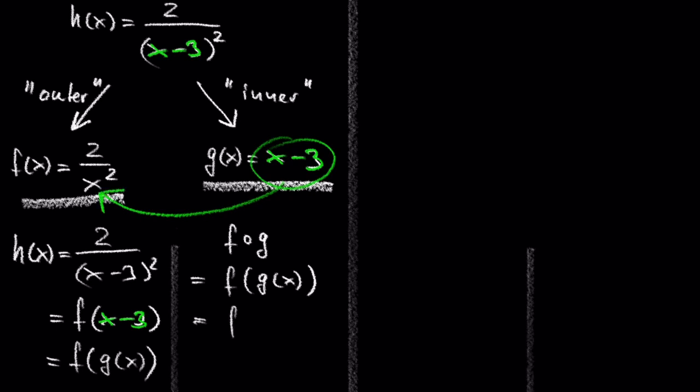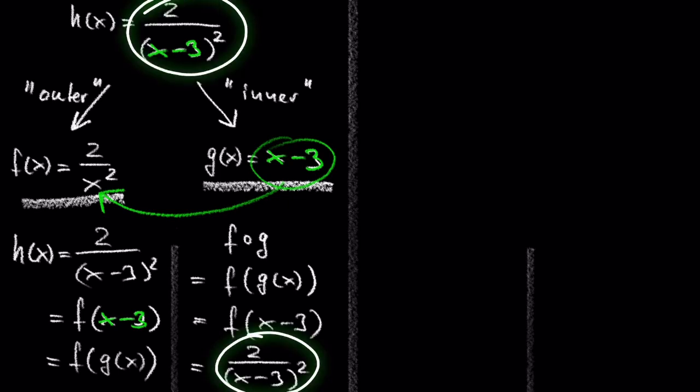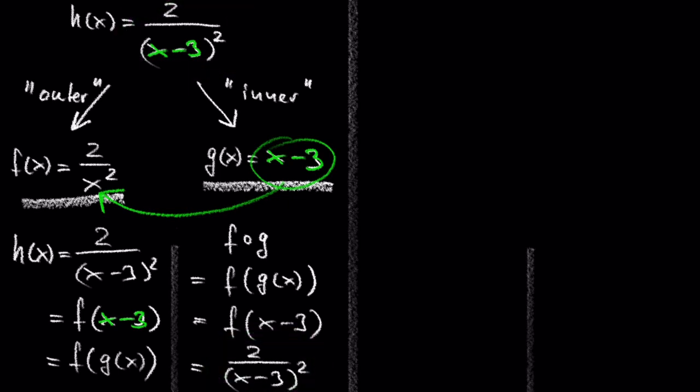So we get f of (x minus 3), which is then 2 over (x minus 3) squared. So we solved this problem properly.